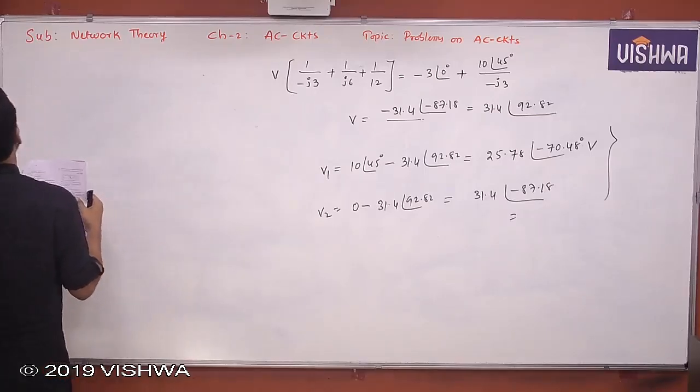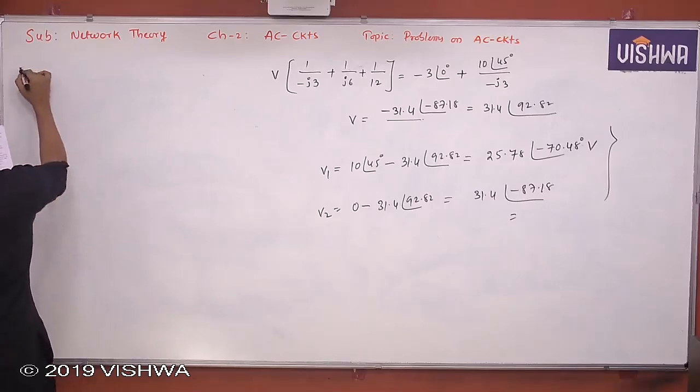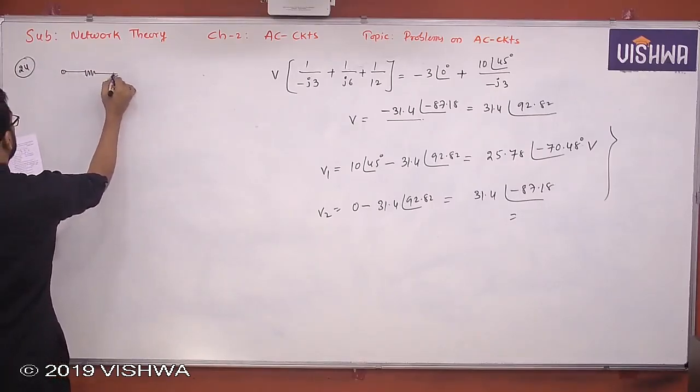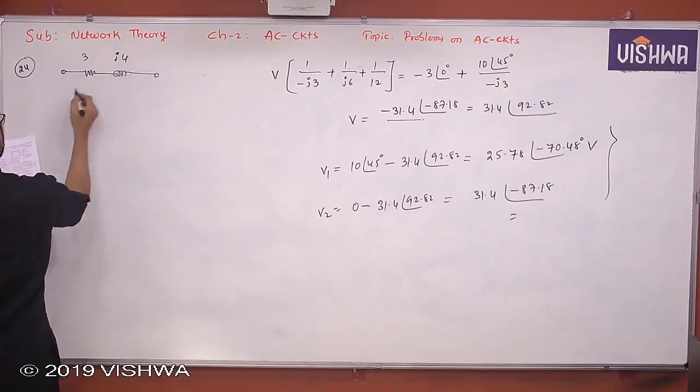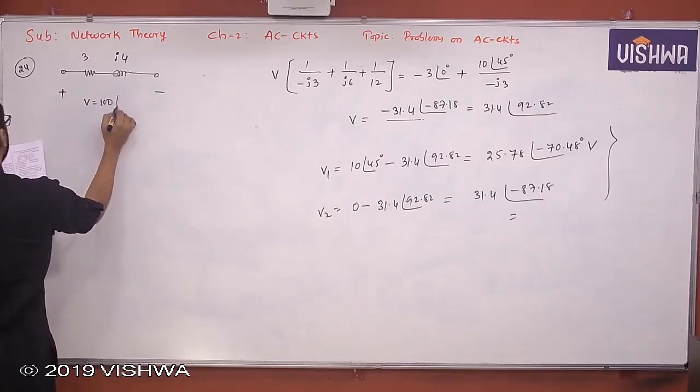Twenty-fourth problem. 3 plus J4, and the voltage is given as V equal to 100 at an angle of 30 degrees.